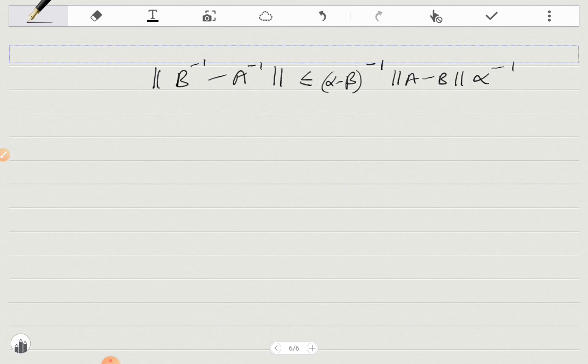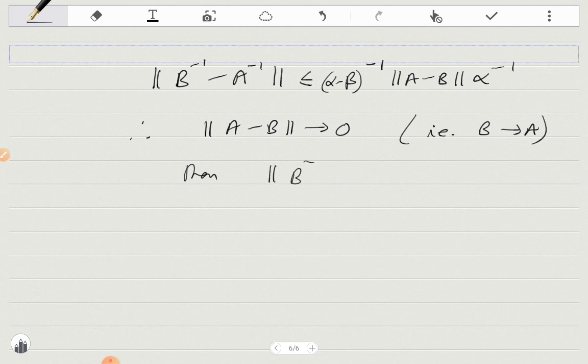So the upshot is that we are able to control the size of B inverse minus A inverse in terms of B minus A. Therefore, if norm of A minus B goes to 0, i.e. B goes to A, then B inverse minus A inverse also goes to 0, i.e. B inverse goes to A inverse.